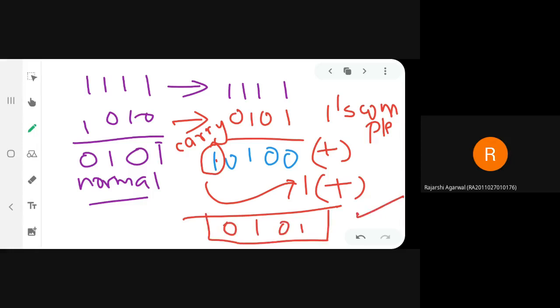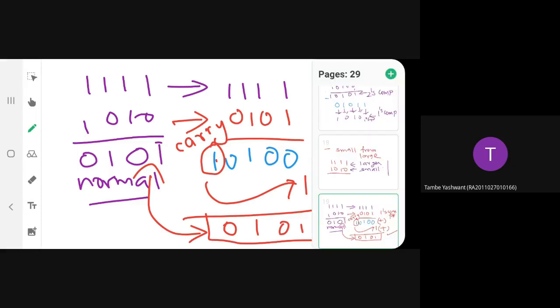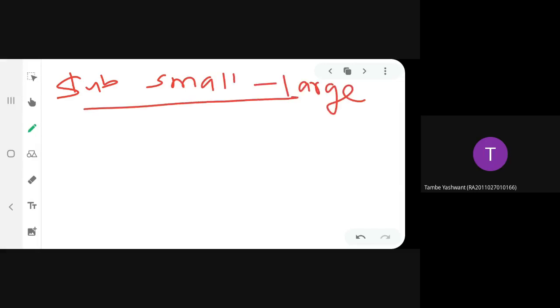So you can check by normal subtraction and by 1's complement whether the answers match. So what is the procedure? I am trying 1's complement to subtract, first case, a small number from a large one. Write the larger number as such.